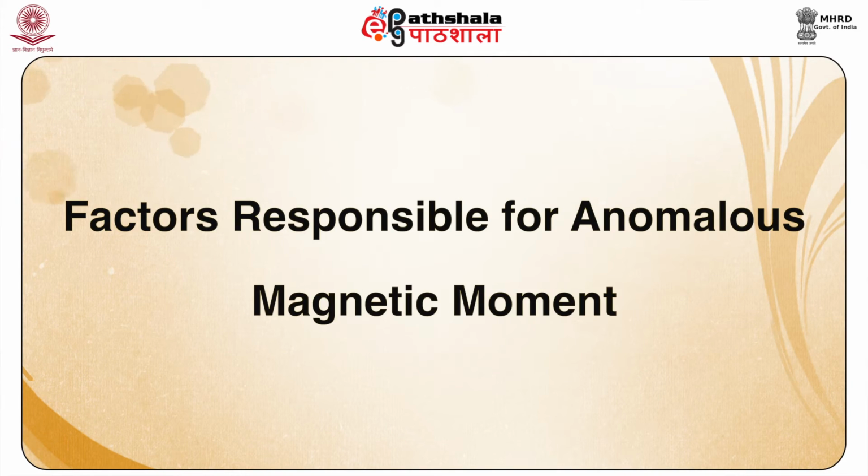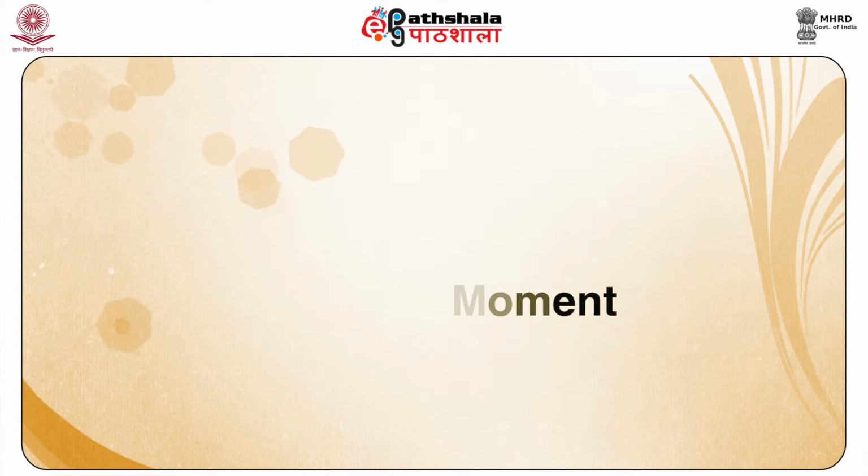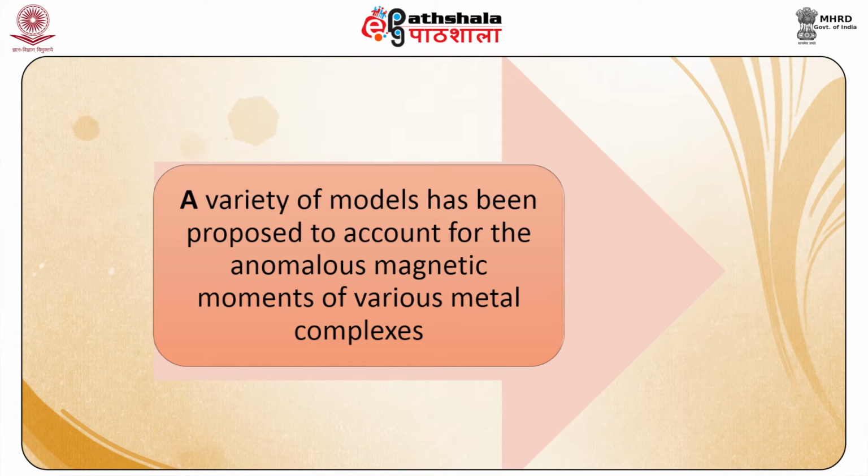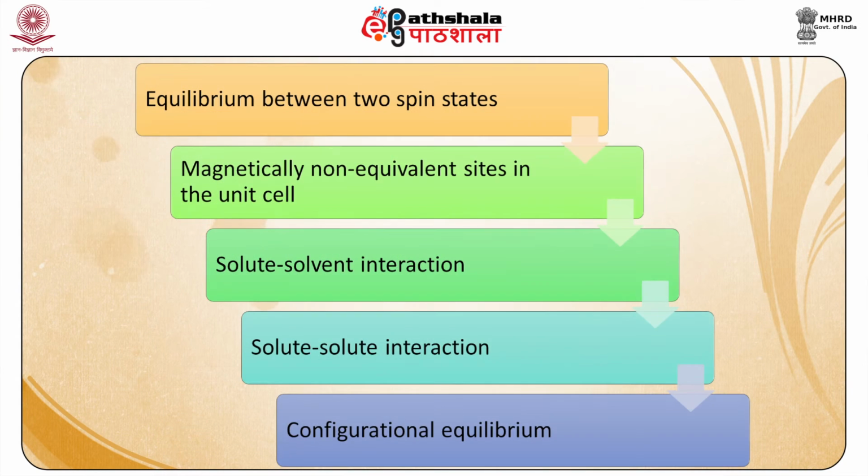Factors responsible for anomalous magnetic moment. A variety of models has been proposed to account for the anomalous magnetic moments of different metal complexes. These may be discussed under the following categories. First is equilibrium between two spin states.